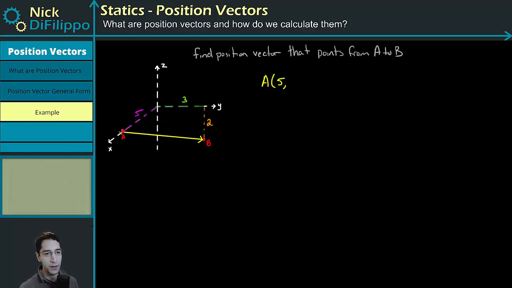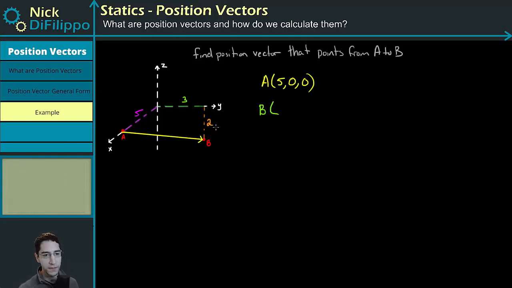I'm going to be 0 along my y direction, and I'm going to be 0 along the z direction. So all I need to do to get to A is go 5 along my positive x.